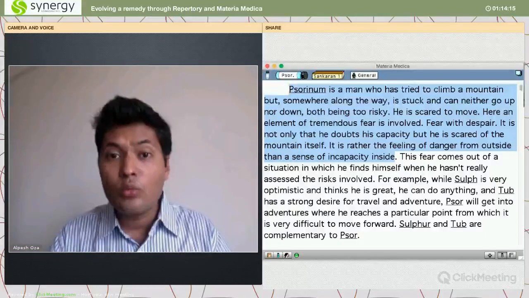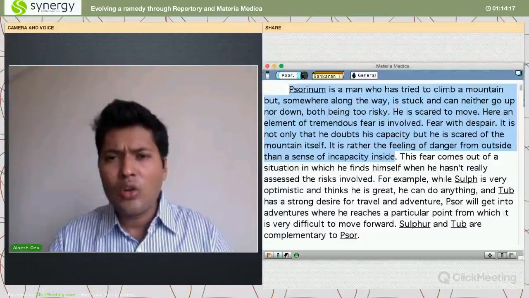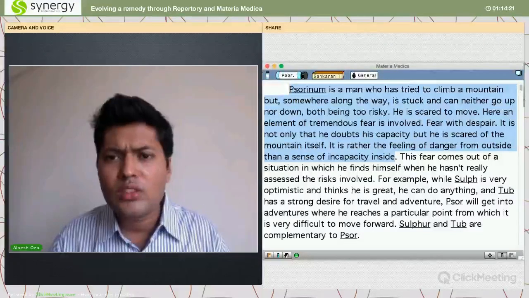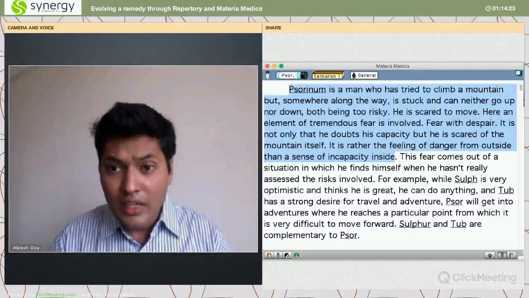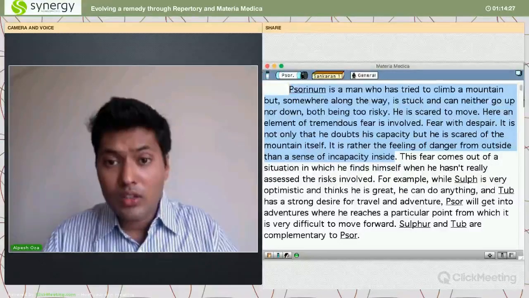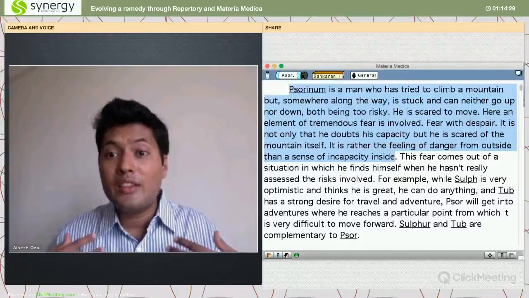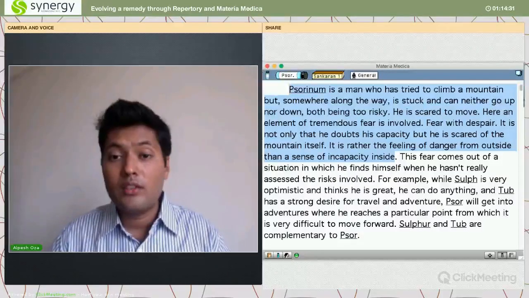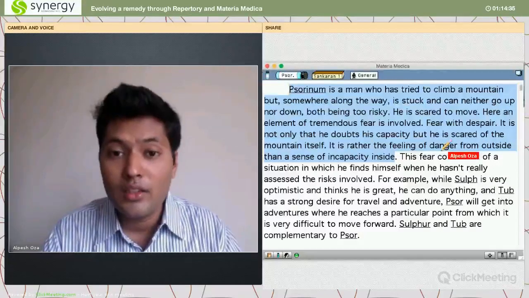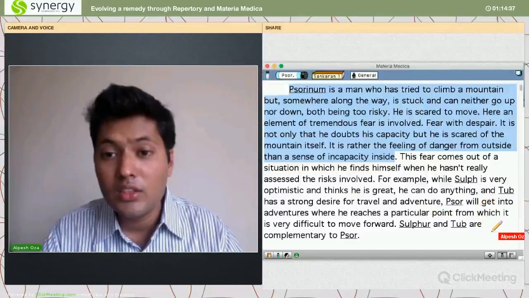He is scared to move, and he has a lot of fear with despair. Then he doubts his capacity. He's scared not only of his capacity or incapacity, he feels there is a danger from outside, and that kind of threat he has in that particular situation.